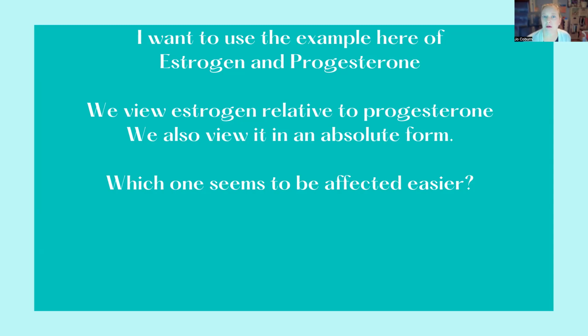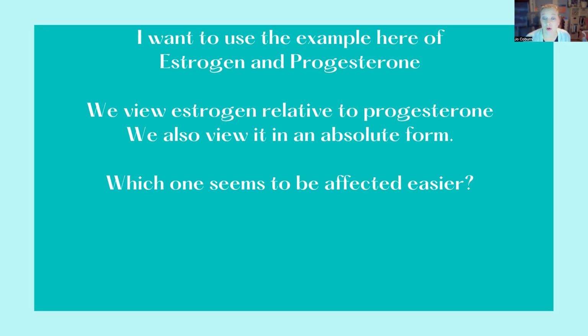Which one becomes dominant more often? Obviously that's estrogen. So estrogen is going to be able to vary wildly. Progesterone is a steadier hormone. It's not as easy to affect and move. That's why we have estrogen dominance, and estrogen can go way up.